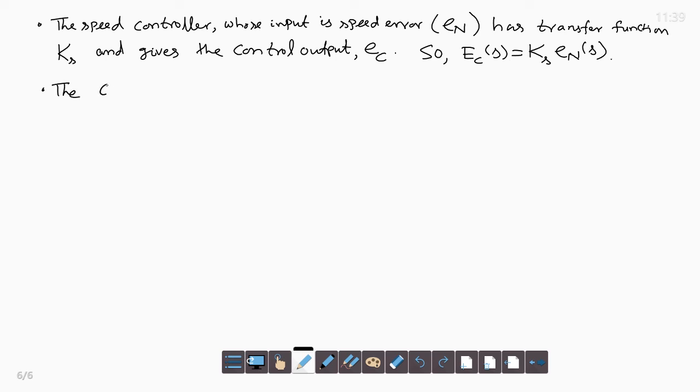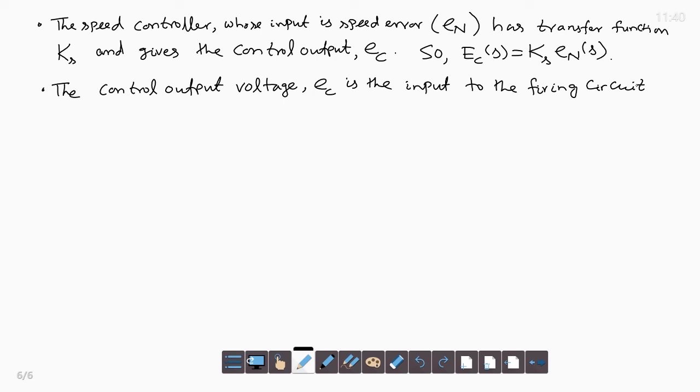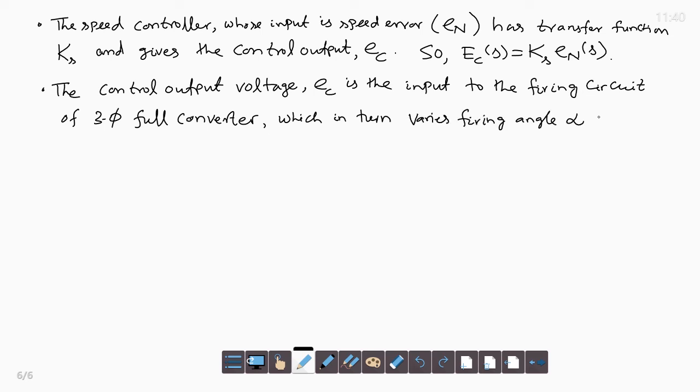The control output voltage Ec is the input to the firing circuit of the three-phase full converter, which in turn varies the firing angle alpha of the converter to vary the output voltage Ea(s) of the converter.